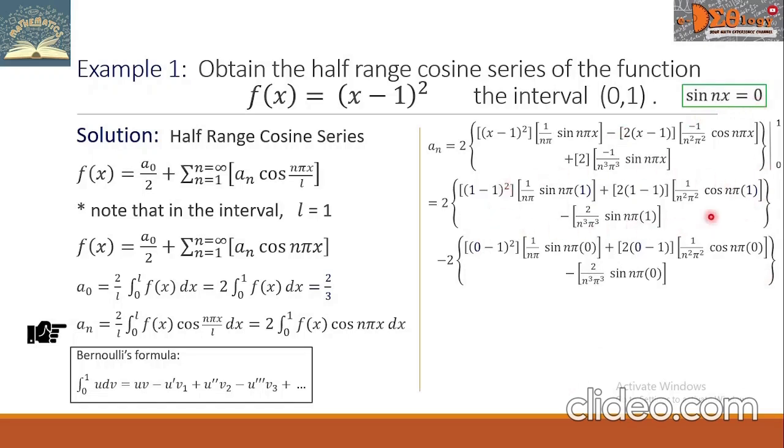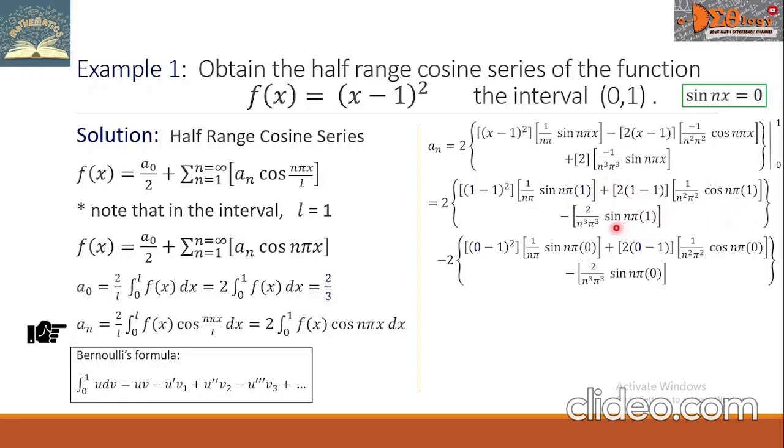Please observe our first group here. This factor 1 minus 1 becomes 0, and this is squared, and the whole pair of factors becomes 0. Also, this 1 minus 1 here is 0, so this whole pair of factors will be 0.